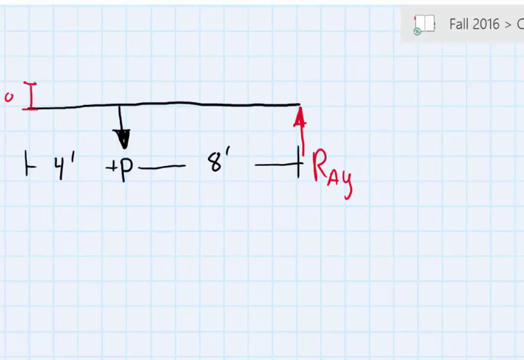And then we'll have our force here, F. Because F is acting to the right, I'm just going to say that our reaction, RAX, is going to oppose that, just logically. RAX is going to go to the left.